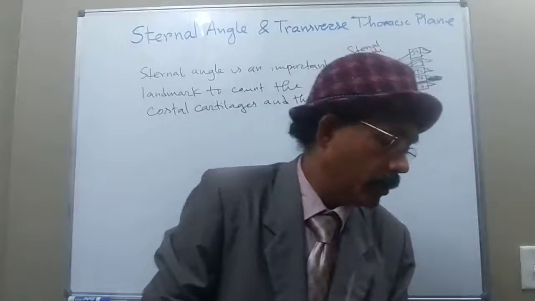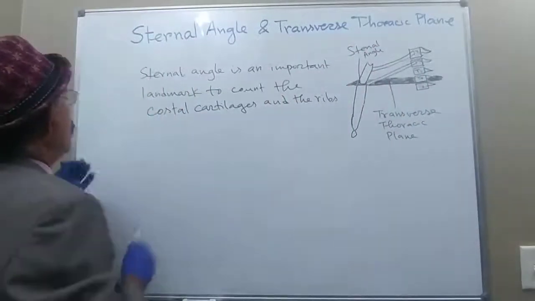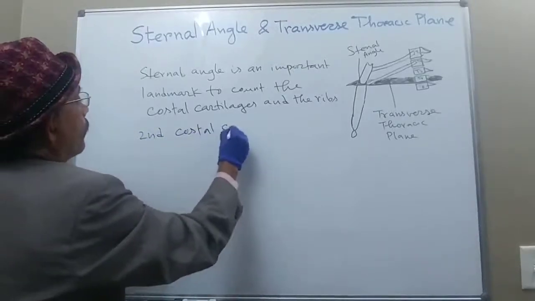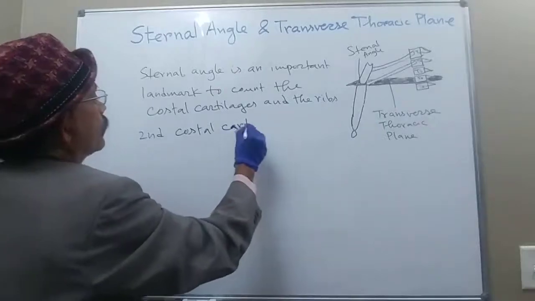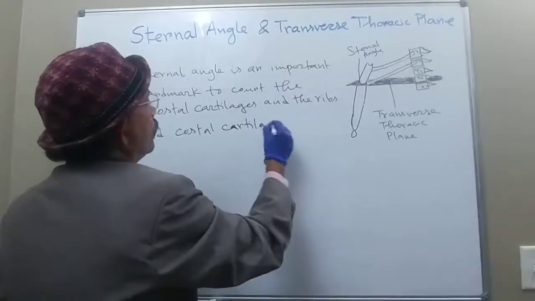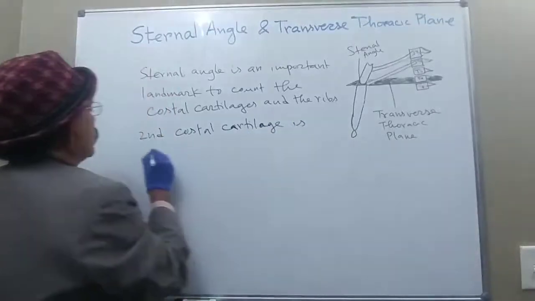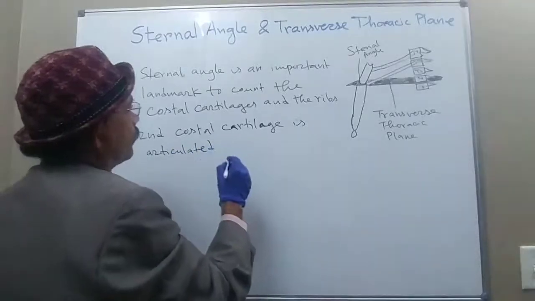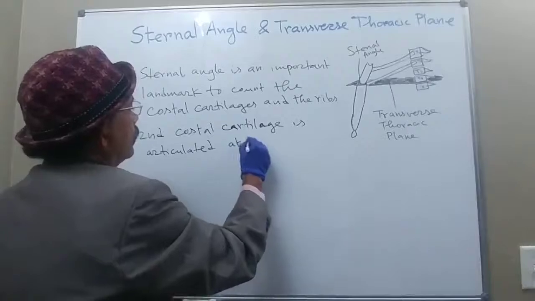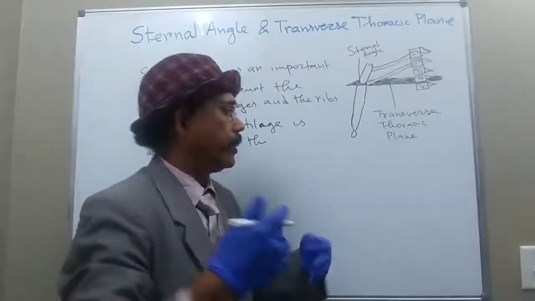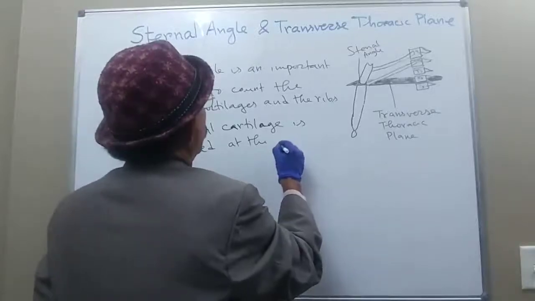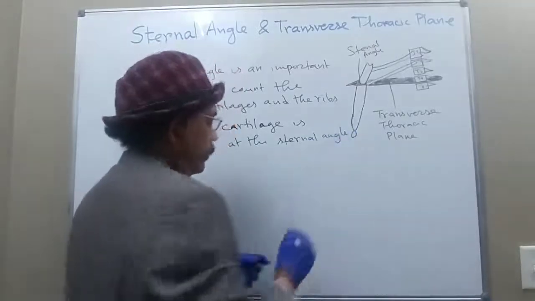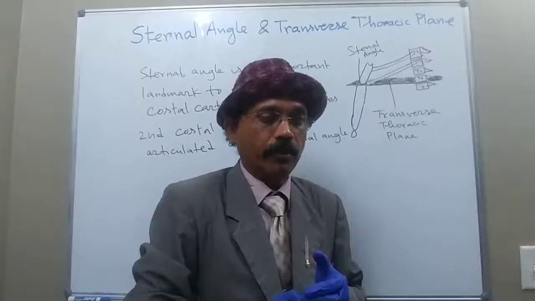So we must remember that at the sternal angle we have the second costal cartilage articulated laterally. This is one of the importances of the sternal angle.